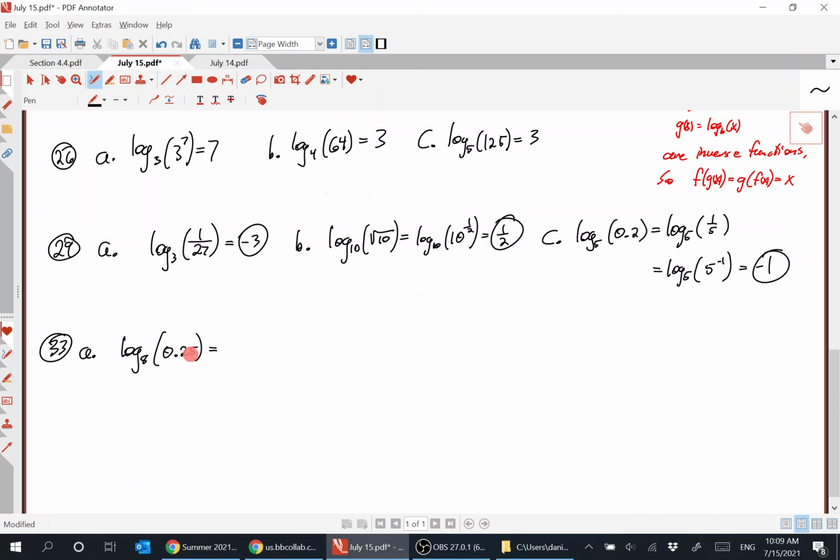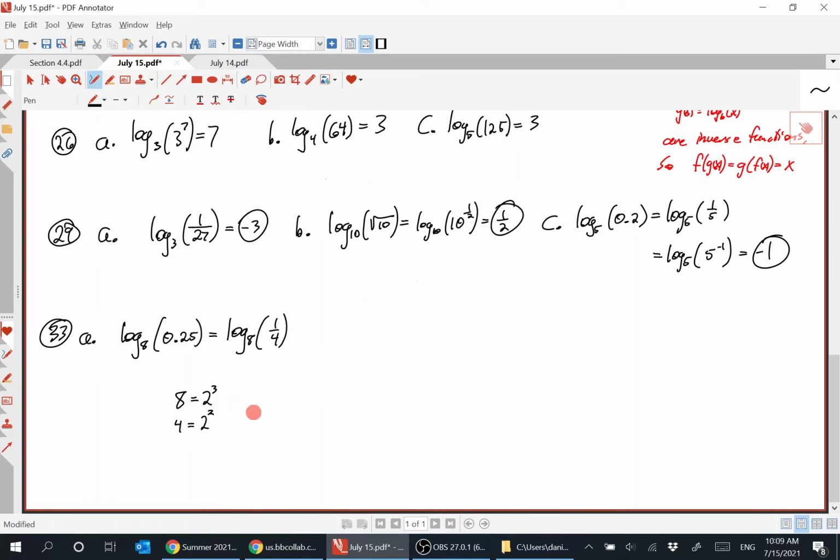Well, 0.25 is 1/4, right? Well, first of all, 8 is 2 to the third. And 4, right, is 2 squared. So 8 to which exponent gives you 4?